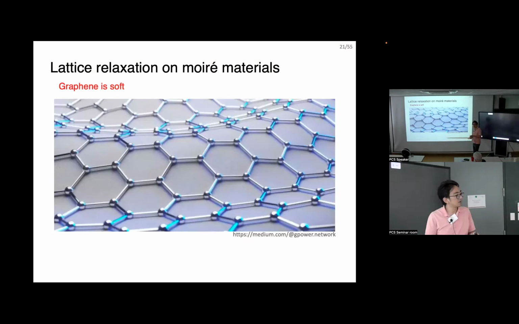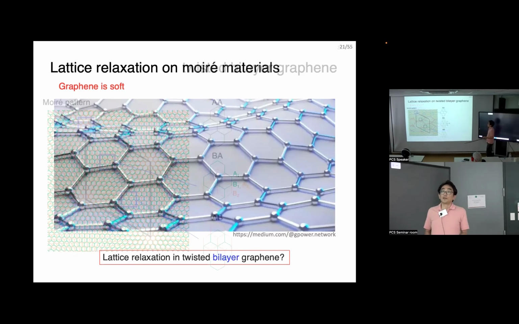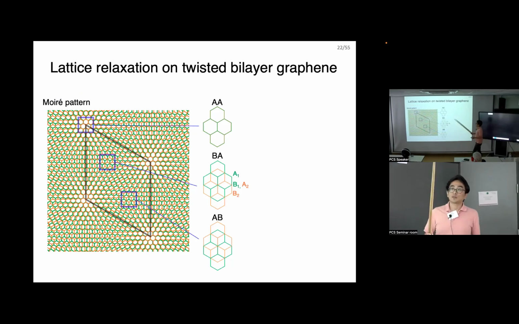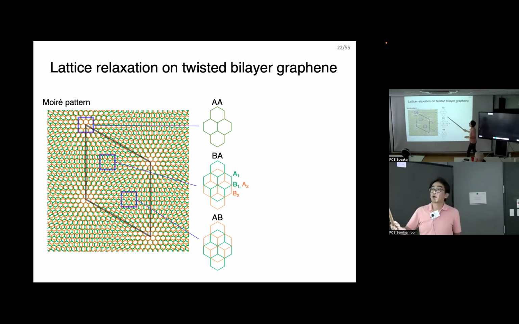But this is not actually true, because the graphene honeycomb lattice is very soft, so the atoms can move, and you actually have relaxation. So twisted bilayer graphene composed of rigid honeycomb lattice is not really stable, because it locally has a very unstable structure.